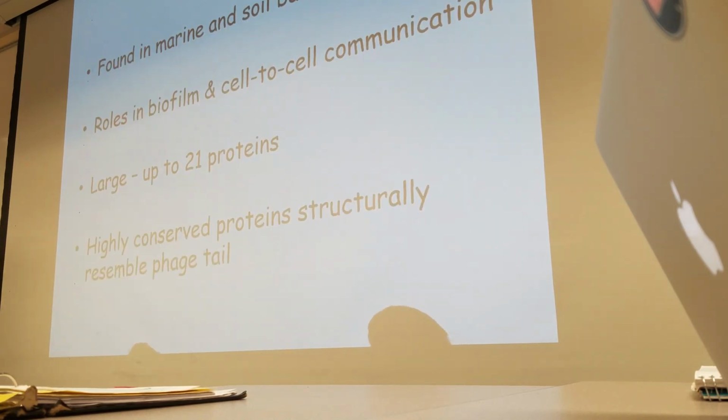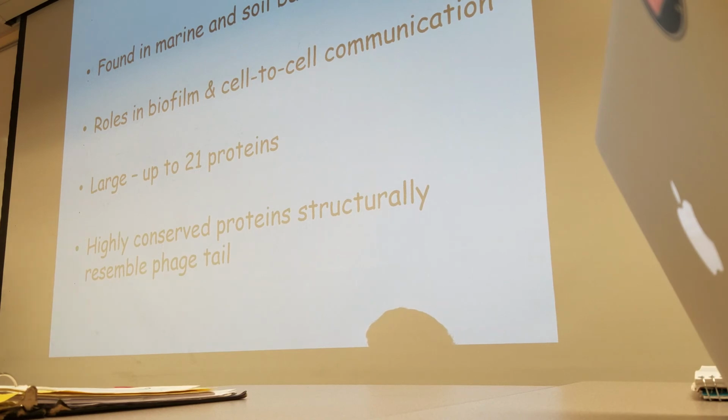All right, and finally the last one, type 6, these are commonly found in marine and soil bacteria. They're actually the ones related to biofilm and cell-to-cell communication, interestingly enough. They're really big, with 21 proteins affiliated with that channel. And this is really cool because when you look at the proteins, they look like a phage tail, the part that lands on the cell and injects the DNA.